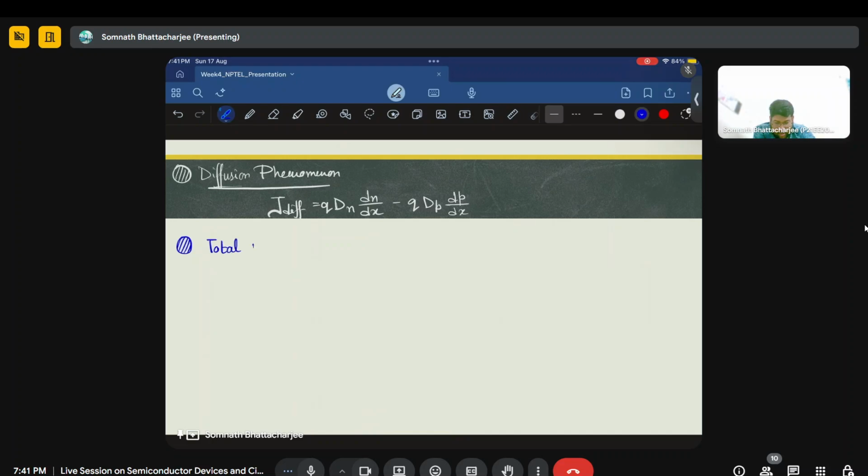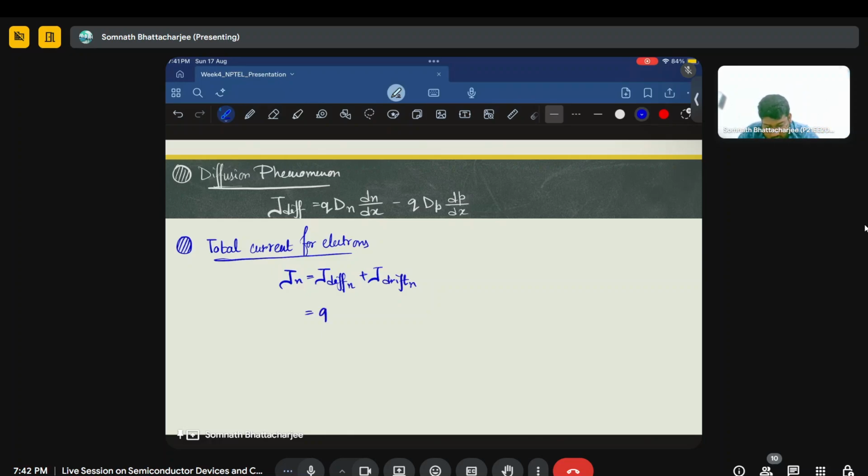the total current for electrons, that is Jn, would be J diffusion for n plus J drift for n. We just combine both the effects separately.